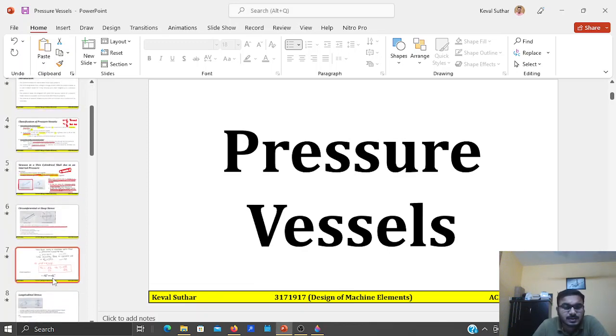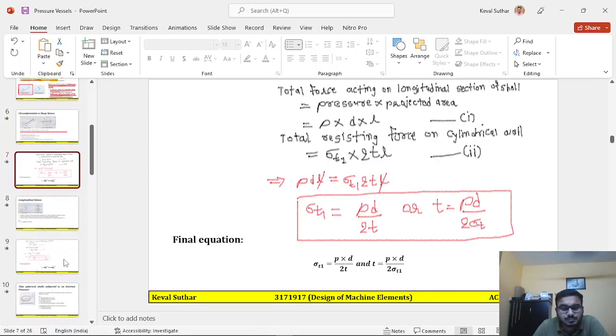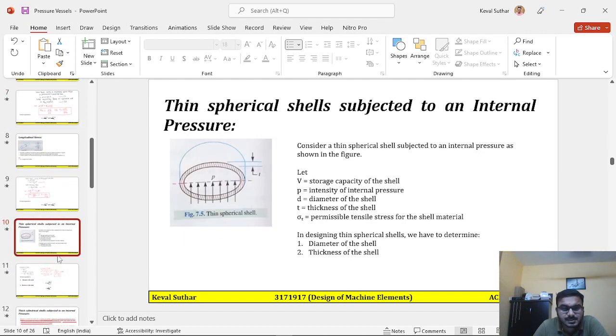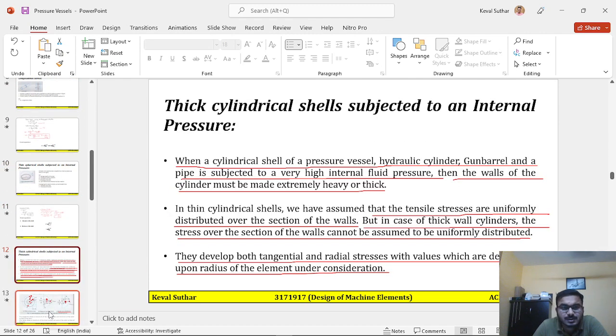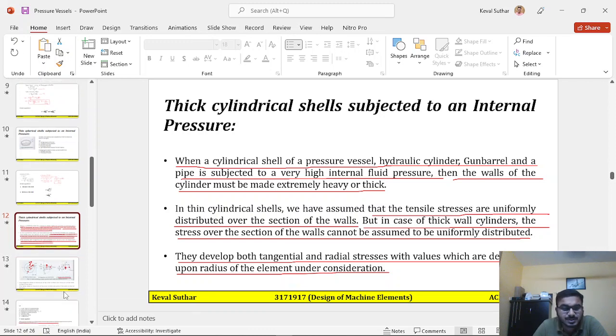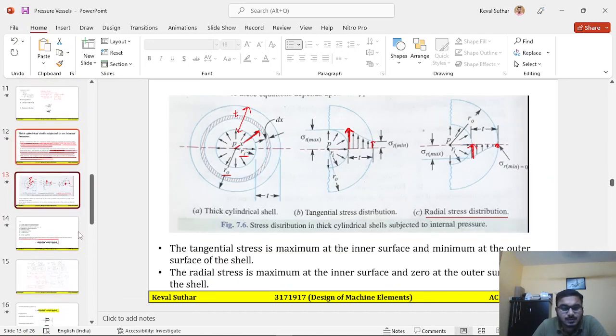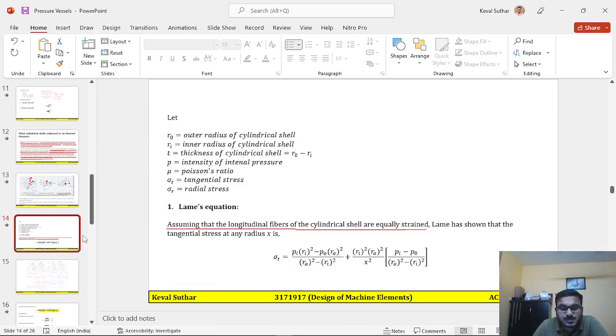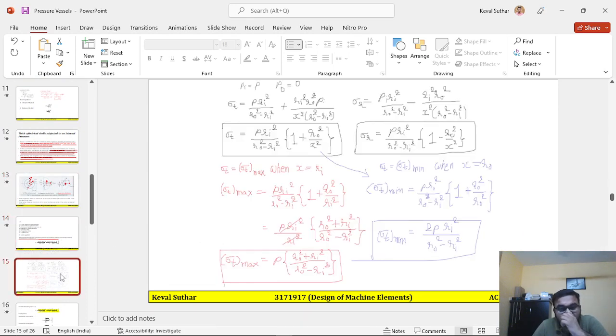So in our last lecture we had discussed the thick cylindrical shells subjected to an internal pressure. For this we use Lame's equation, in which we have obtained the maximum tangential stress and minimum tangential stress.